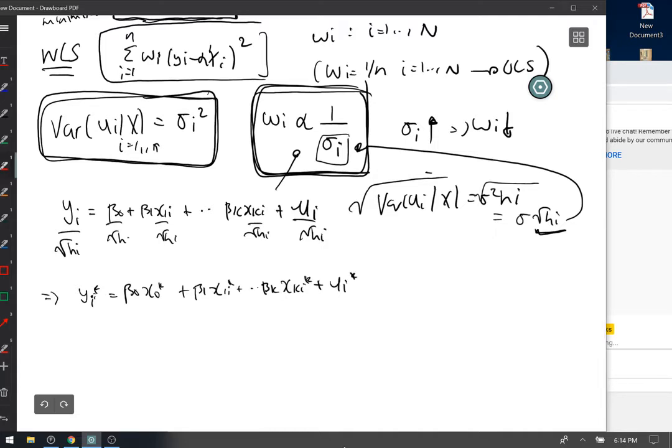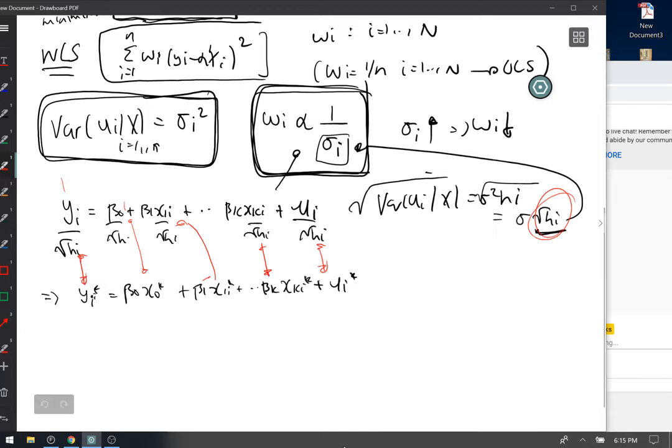You can see now this is just redefined. Now we're going to regress this on, this will be 1 over the square root of h_i, this variable, and so on. We're assuming that this h_i is known to us, and of course we can measure y and all the x's.